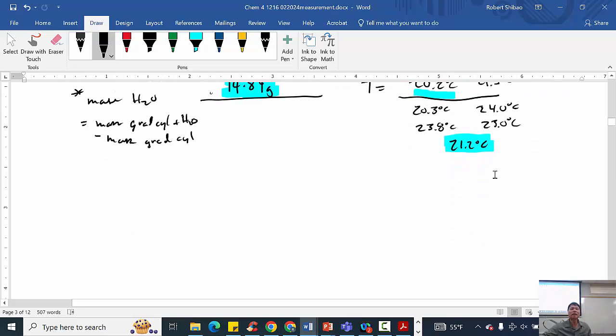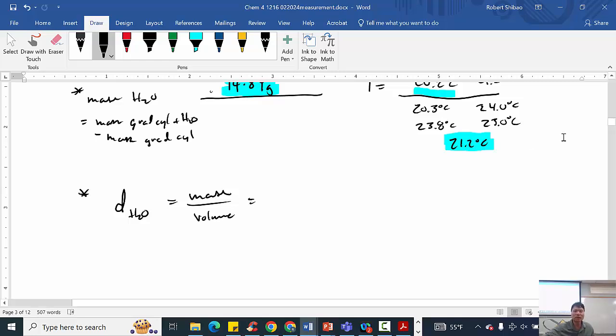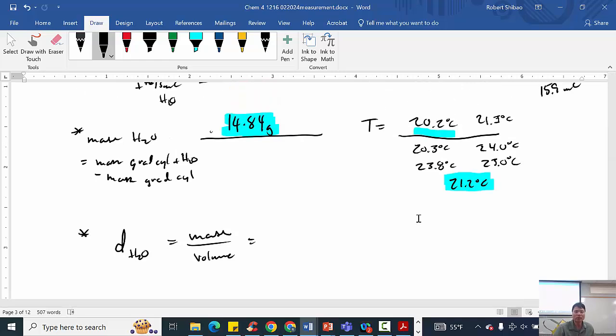All right, next we're going to calculate the density. When we calculate the density, again, this is going to be an asterisk here. So this is going to be the density of water, so I'll call it D subscript water. And the density of water is just going to be the mass divided by the volume of water. The mass of the water is 14.84 grams.